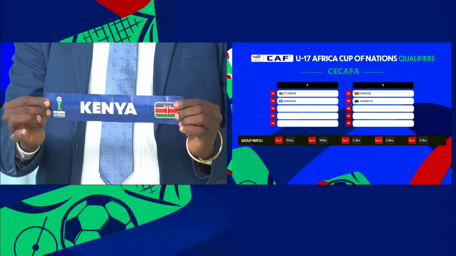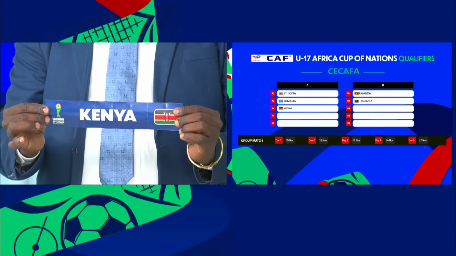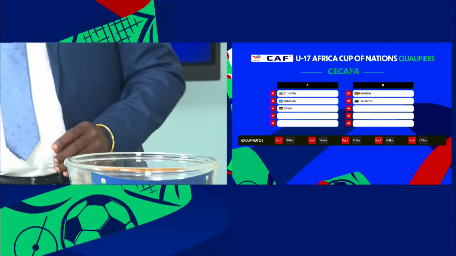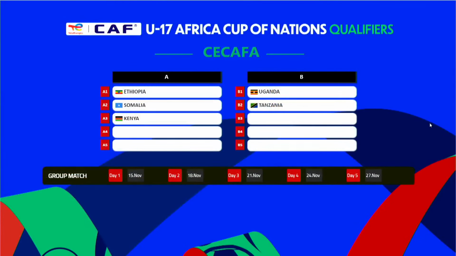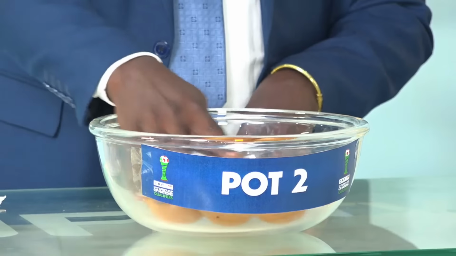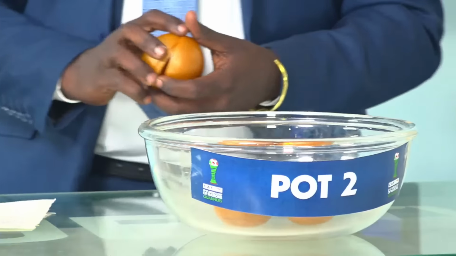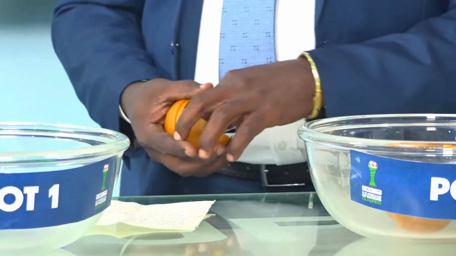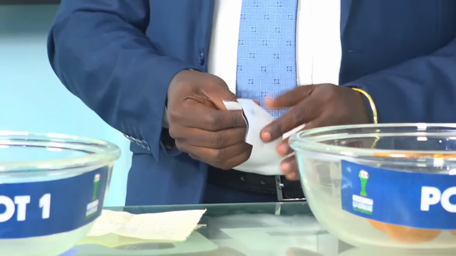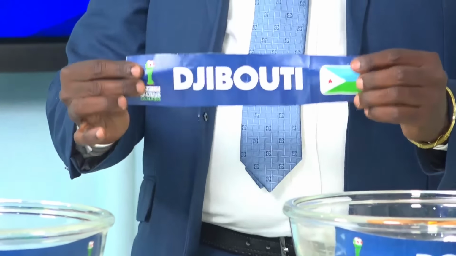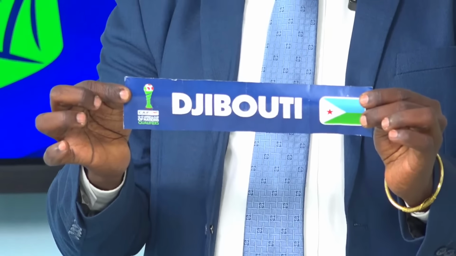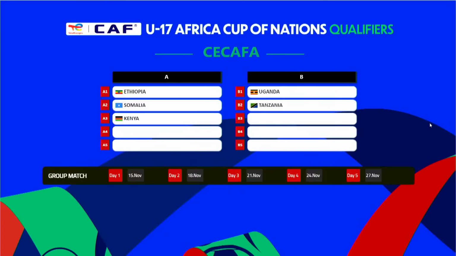Kenya is A3. The second ball that I draw from Pot 2 will go to Group B as B3. Djibouti becomes B3. They join Uganda and Tanzania in Group B. Remember, Group B will be based in Diredawa at the Diredawa Stadium.